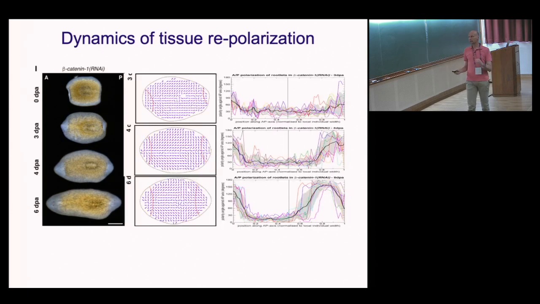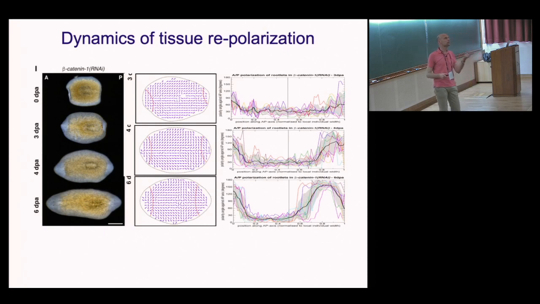And the data is actually surprisingly clear. So what we see is that, interestingly, for the first 3 days of regeneration, actually nothing much is happening, and the orientation within the pieces is rather much consistent along the long axis.